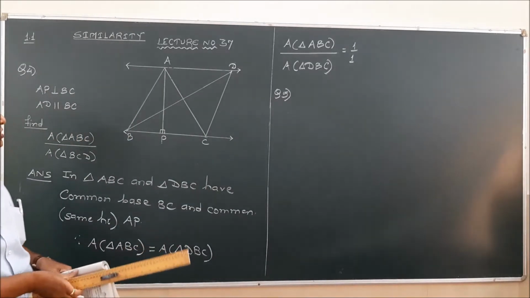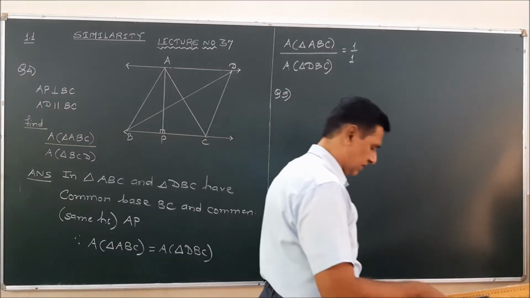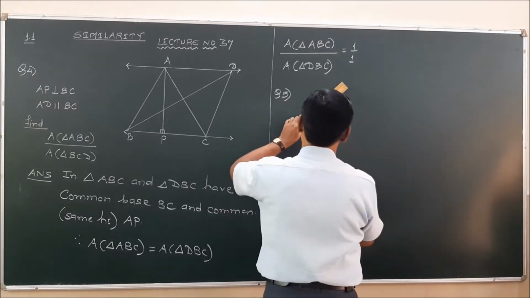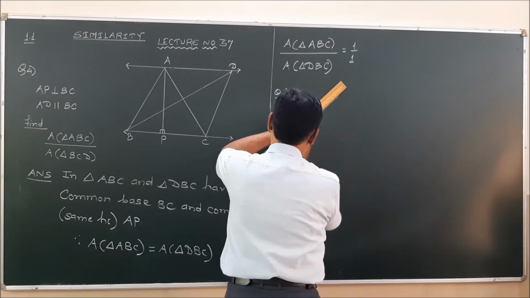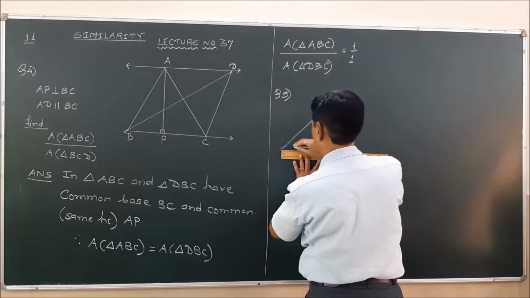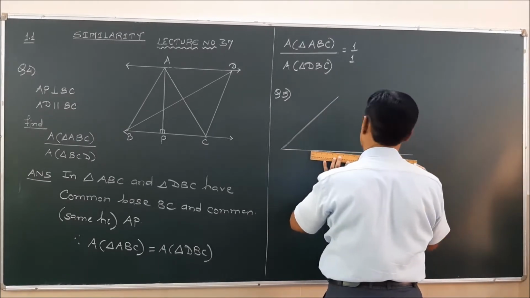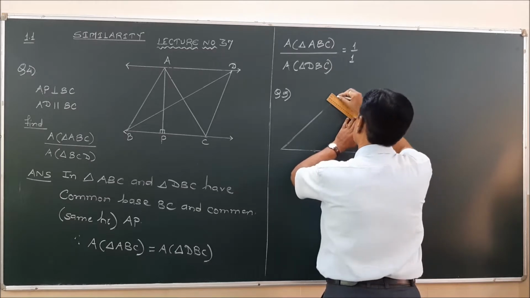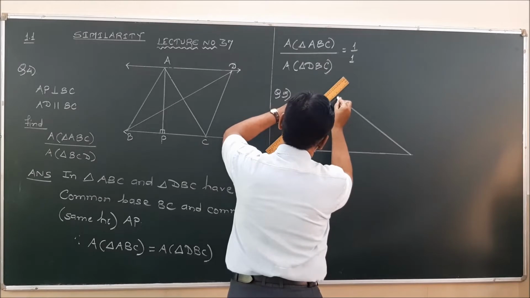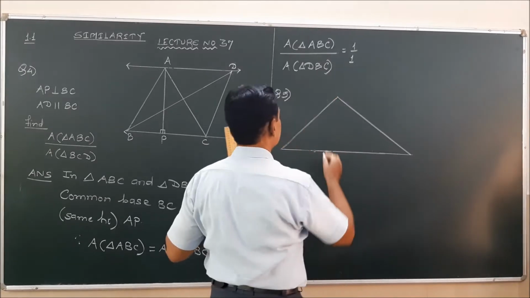Now you will find question number 5. The figure is given over here. A big triangle is given. Supposing we call it triangle ABC. ABC is a given triangle.